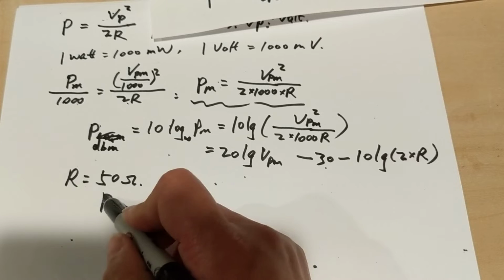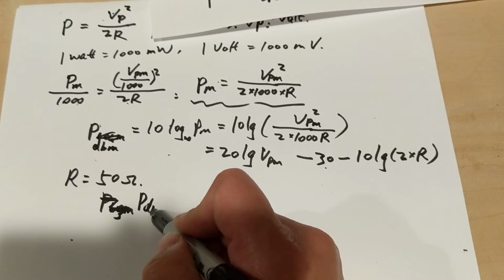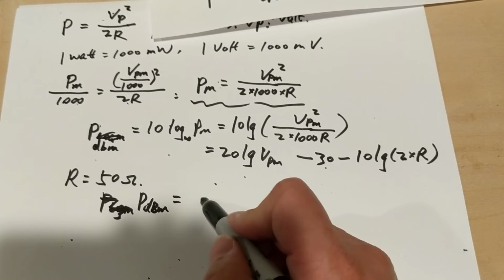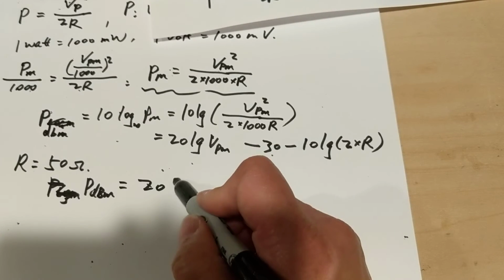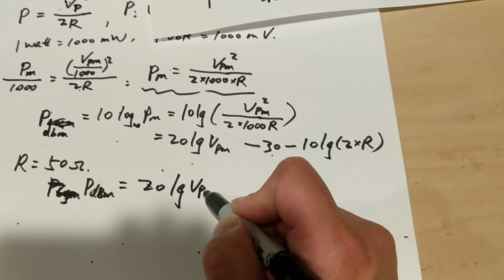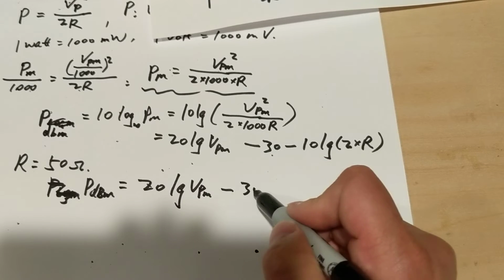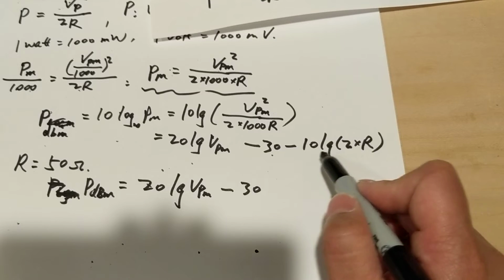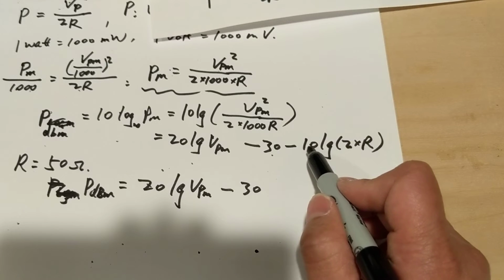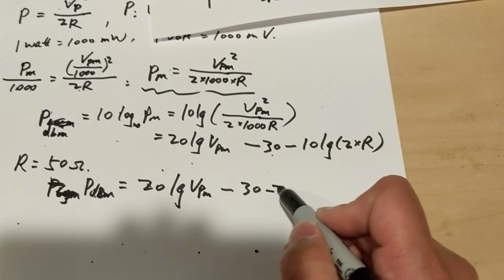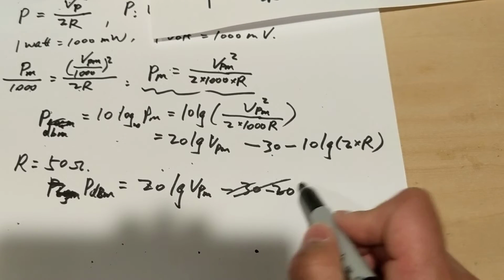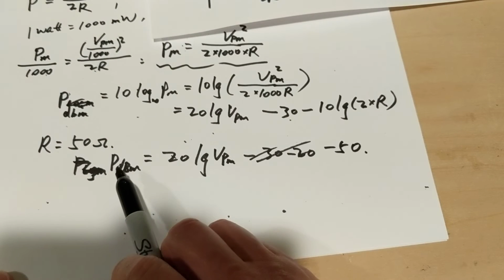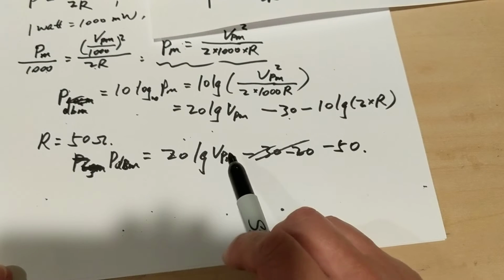So P in dBm equals 20 log V_pm minus 30 minus 10 log 100, and log 100 is 2, so 2 times 10 is 20. So effectively, it's 20 log V_pm minus 50.